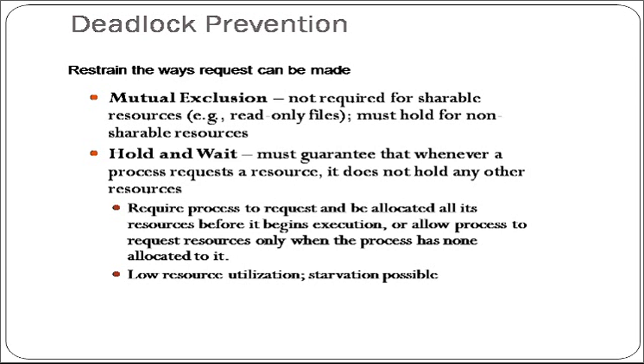The mutual exclusion condition must hold for the non-shareable resources. For example, a printer cannot be simultaneously shared by several processes. Shareable resources, on the other hand, do not require mutually exclusive access and thus cannot be involved in the deadlock. The read-only files are a good example of shareable resources.